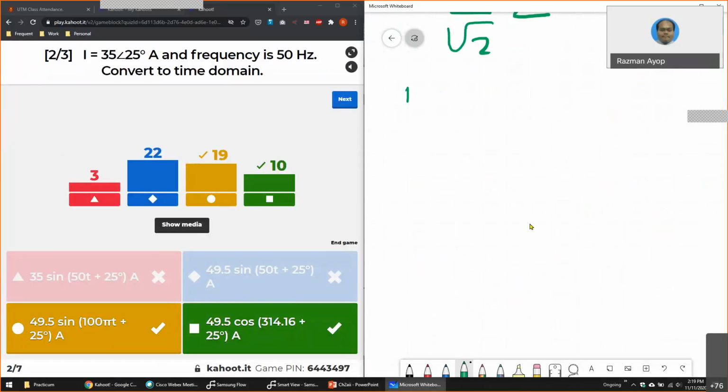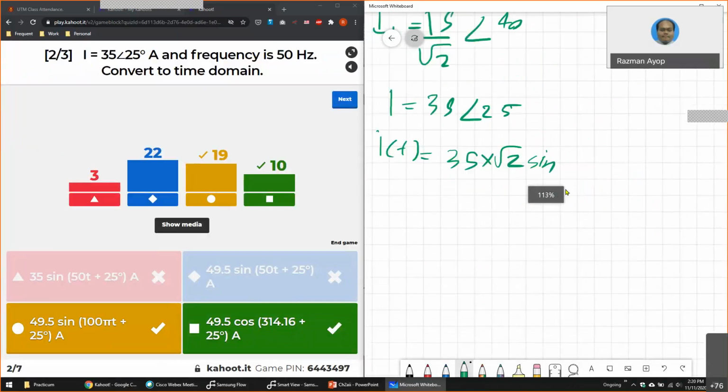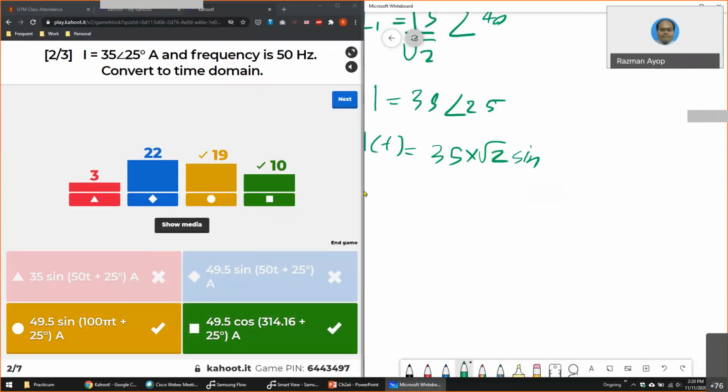I is equal to 35 angle 25. So i(t) equals 35 multiplied by square root 2 sine(wt), where w is 2 pi f. f is 50 hertz. Then plus, just copy back, 25 degrees.